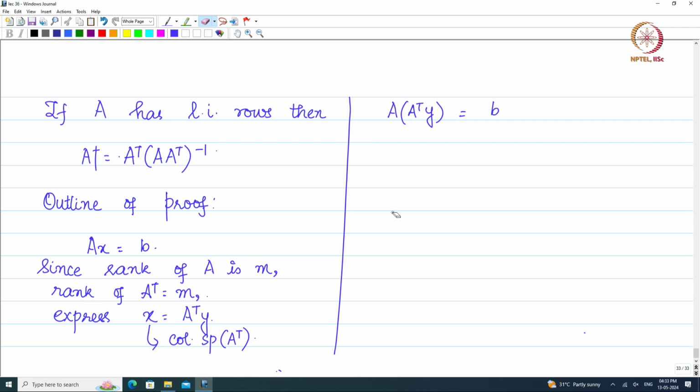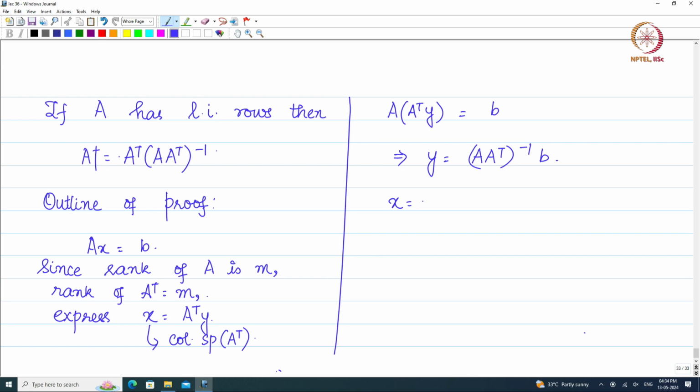Now, A transpose we already saw that it is invertible. So, what are we going to have? This implies Y is equal to A transpose the whole inverse B. We wanted to look at x is equal to A transpose y.